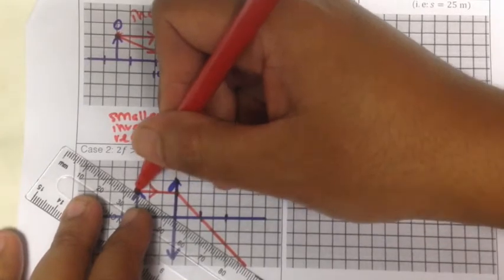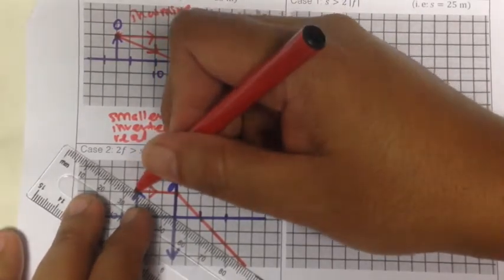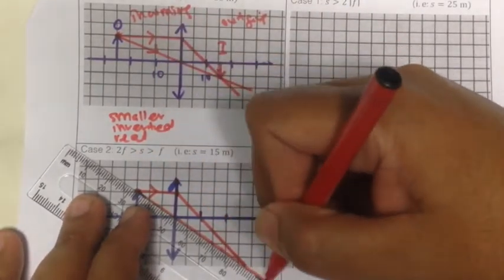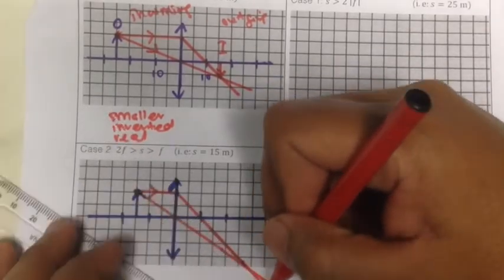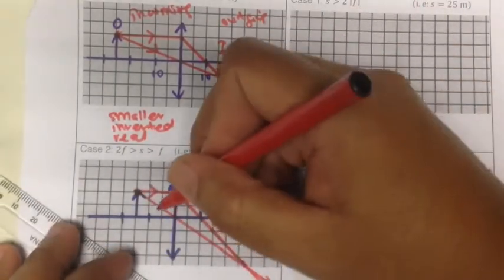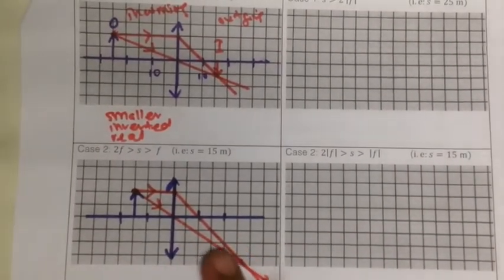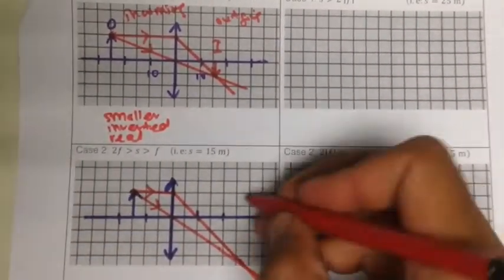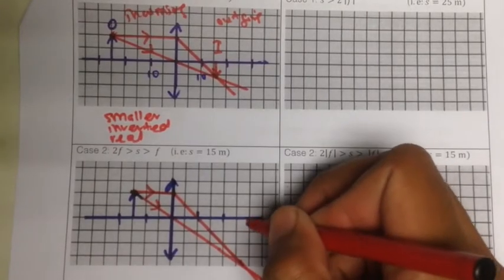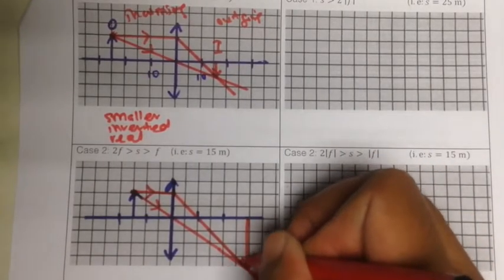Maybe this is about here. It is a little bit out of our range. If you look into this, the image is about here. This is our image.